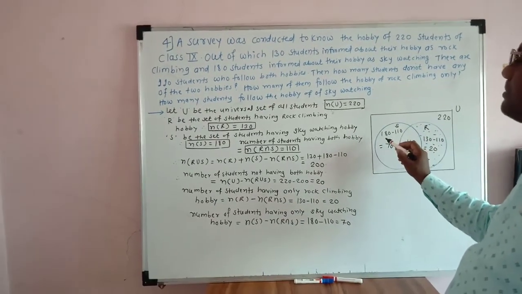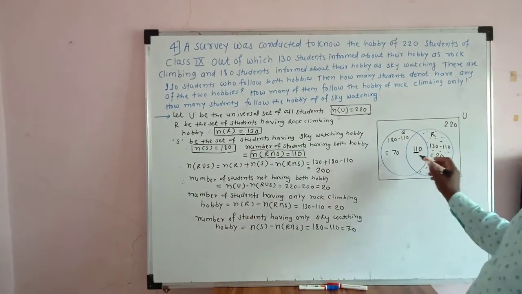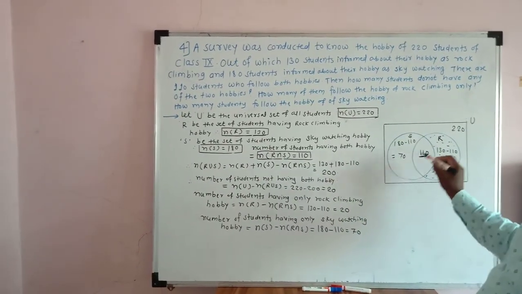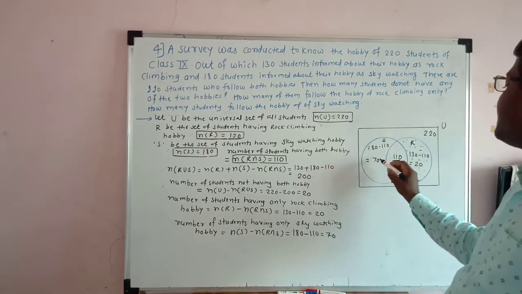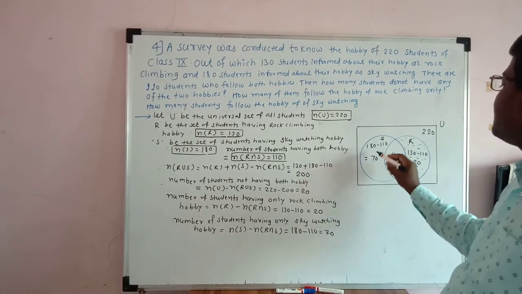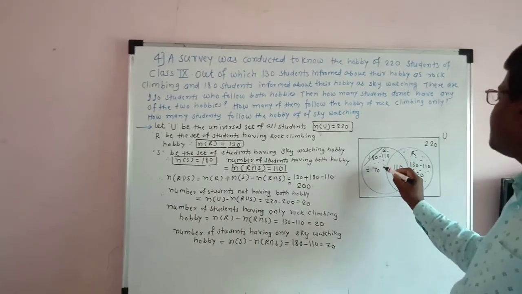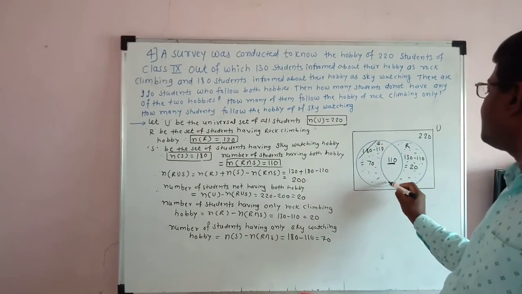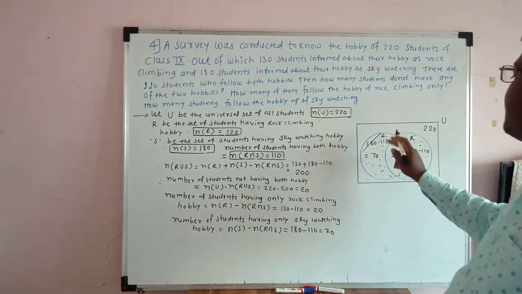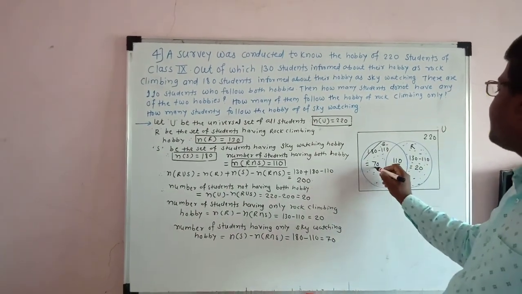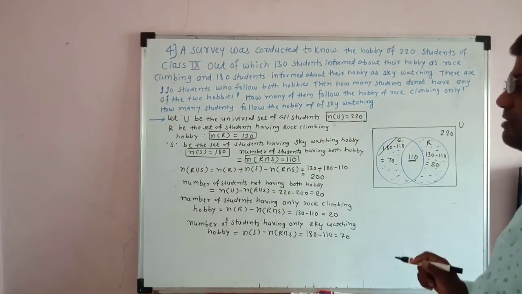Now the total number of students having the sky watching hobby is 180, and having both the hobbies is 110. So 180 minus 110 is equal to 70. So this portion shows the number of students having only the sky watching hobby, and that number is 70. In this way we can show this by a Venn diagram.